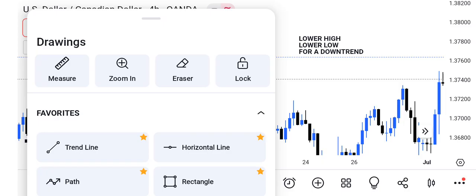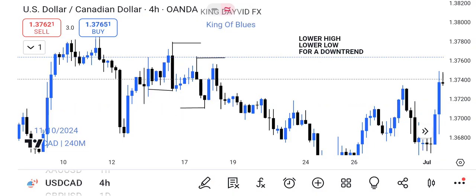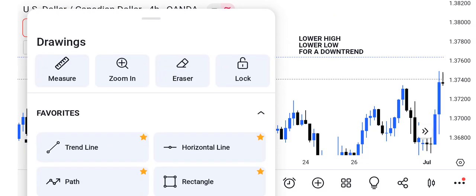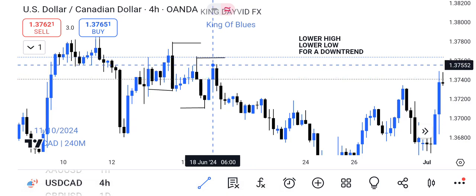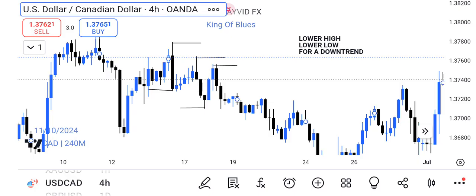We have something here also. You can see this place. This is also a low, but this low is lower than the previous low, so we call this a lower low. We have another high again. This high is also lower than the previous high, which is the second high, so we call this a lower high.